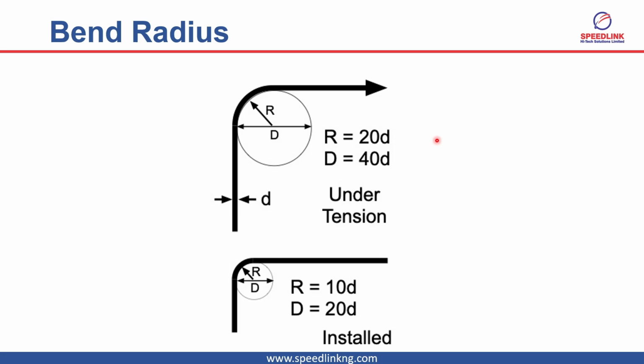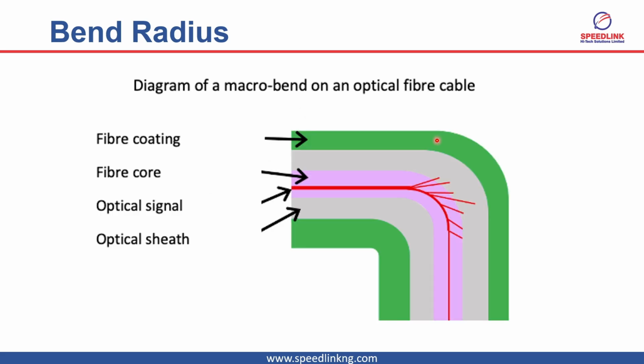Are we understanding it? So that once you go below this, you will start causing signal losses, which can be due to micro bends or macro bends. I hope we are following up with the class.